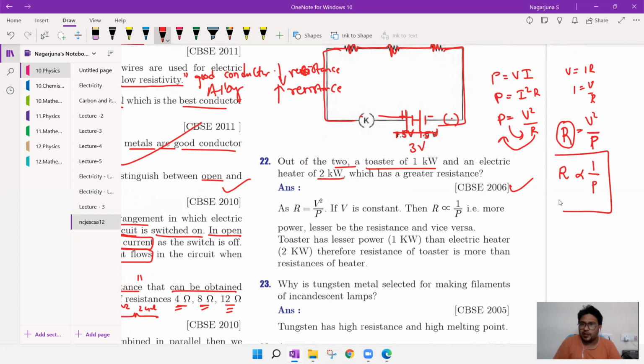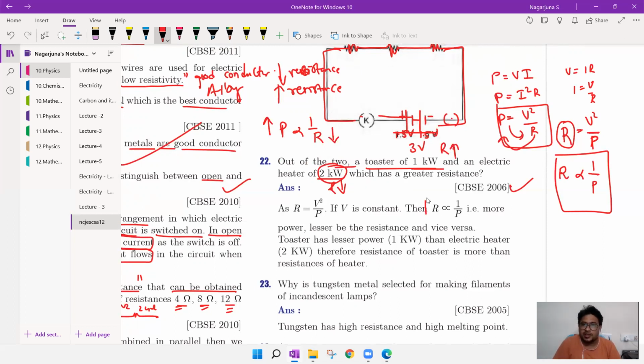So from this, or directly from the other formula also, we can take P is inversely proportional to R. Means if power is increased, resistance will decrease. That is the meaning. So here power is higher at 2 kW, so the resistance value will be less. 1 kW power is less, so the resistance value will be more.